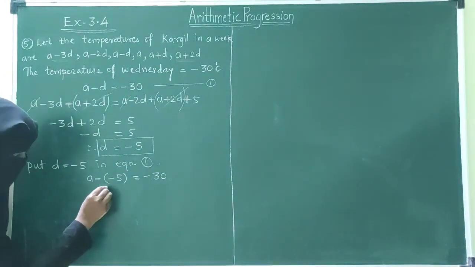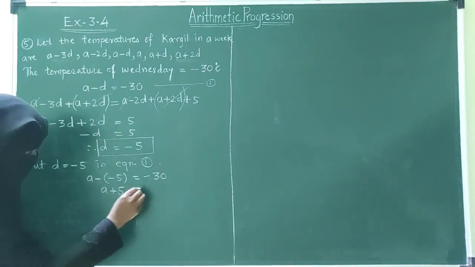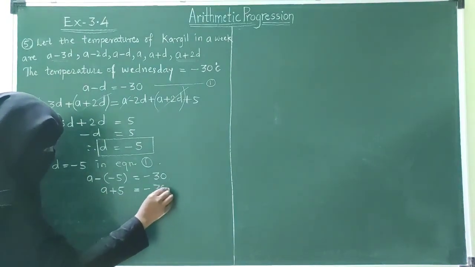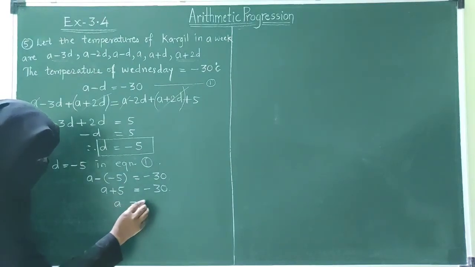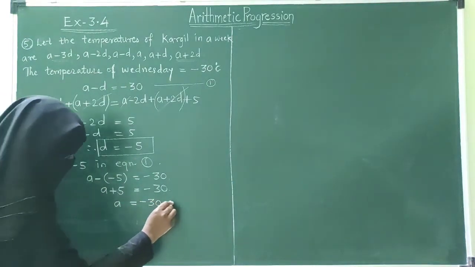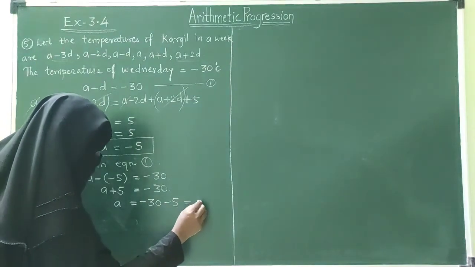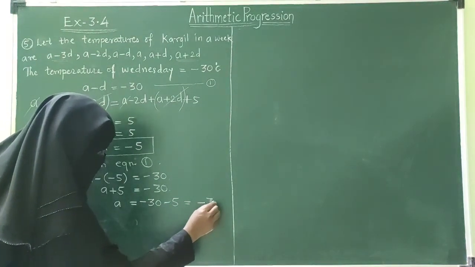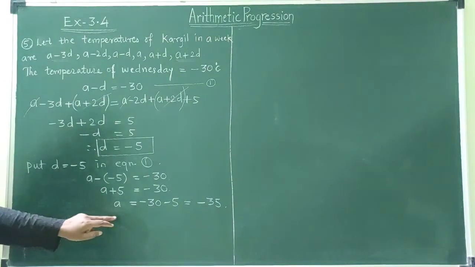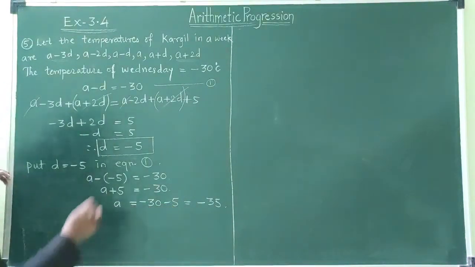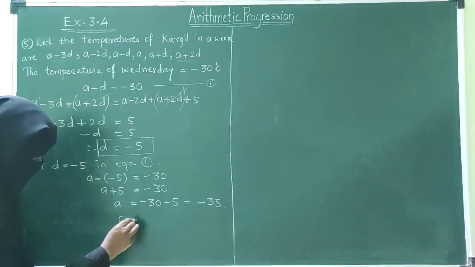Minus into minus plus 5 is equal to -30. अब ये +5 उधर चला जाएगा, -5 हो जाएगा। -30 -5, we get the value of A as -35. So we have A as -35 and D as -5.